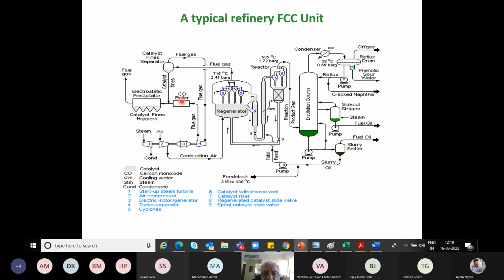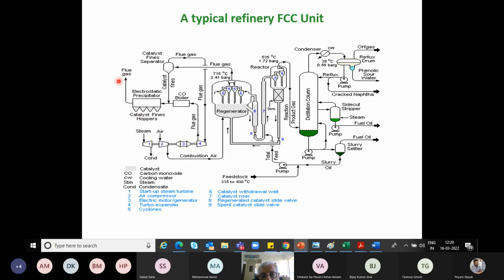And that steam is then used to generate further power, as you can see here, or actually used for running distillation columns, etc. And then the flue gas after the CO boiler actually goes into the ESP, the electrostatic precipitator, or actually flue gas desulfurization system so that the sulfur dioxide is removed, and then you put the flue gas into the atmosphere.